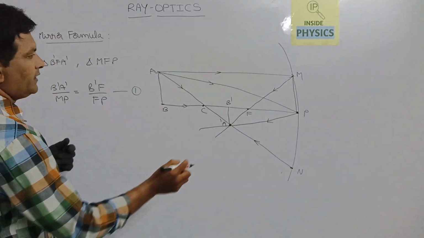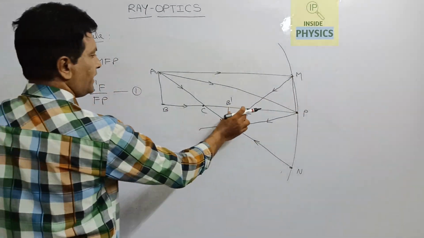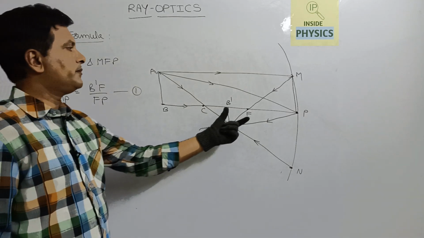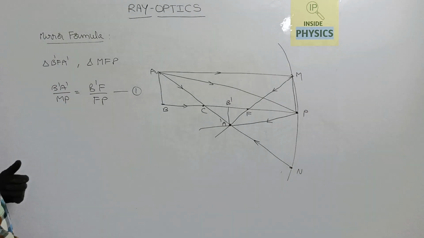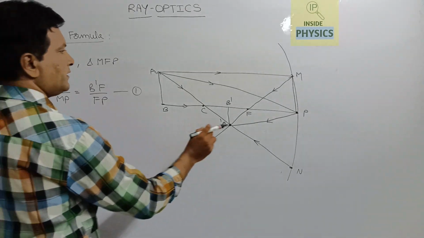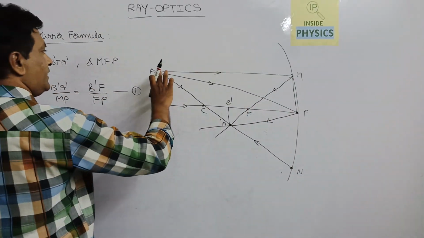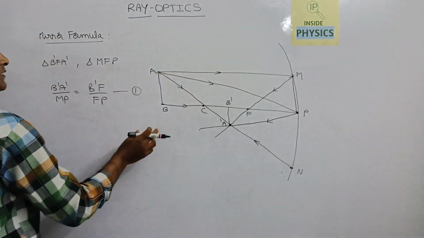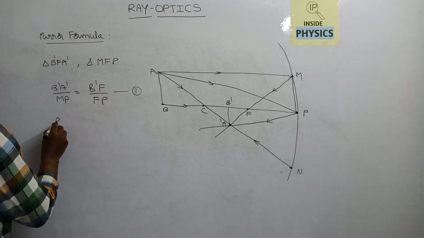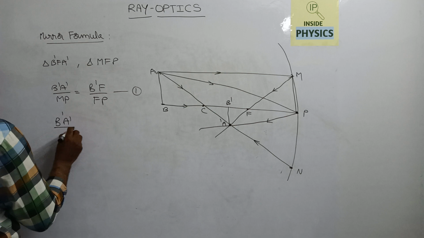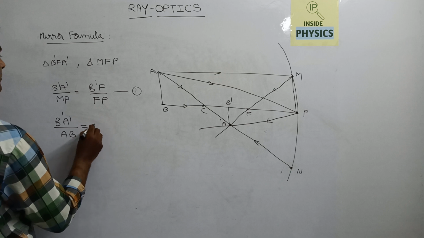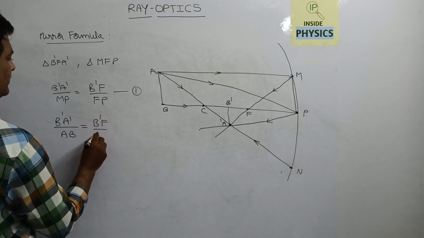We can write this equation with the help of similarity of triangles. And see here, what is MP? The height of the object. MP is equal to AB, so we can write equation 1 as B dash A dash by AB is equal to B dash F by FP.